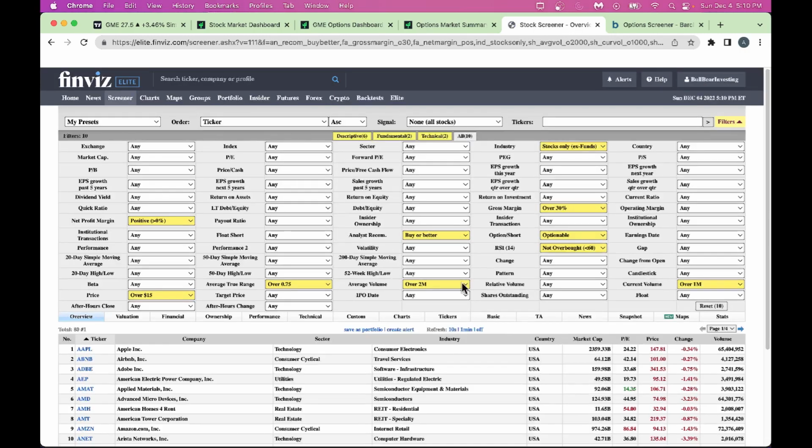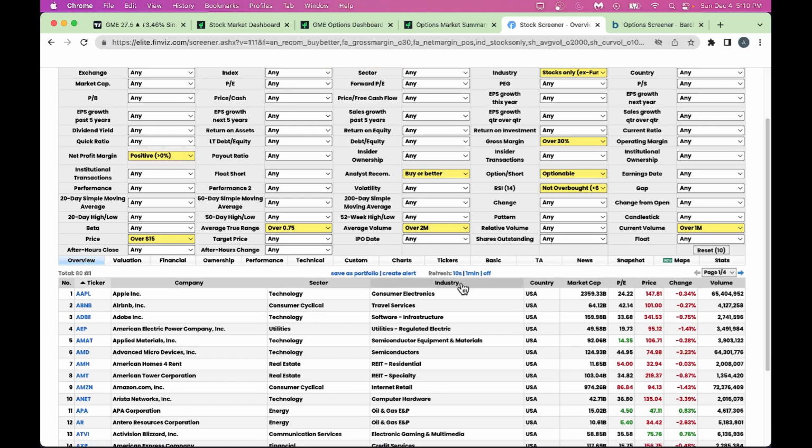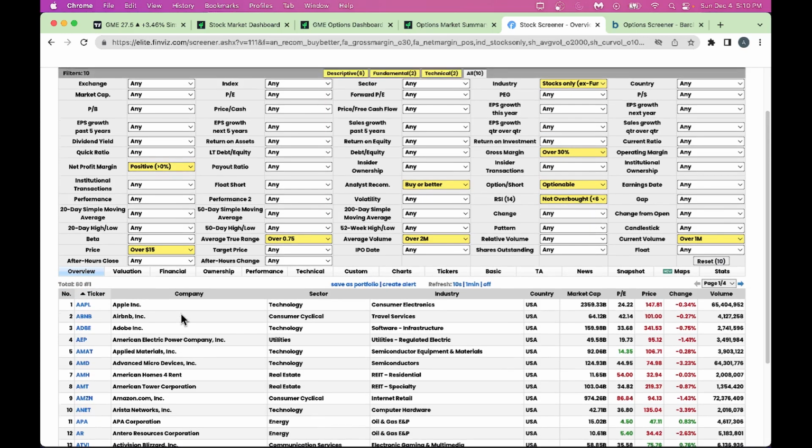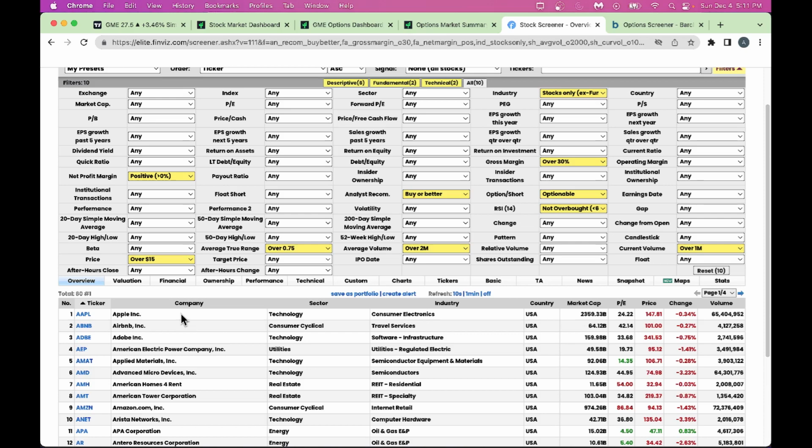Now we are going to trim down further to 80 stocks, as you can see here. These are all analyst recommended buy. And look, we got nice things here. One more thing I want to typically look at is how the institutions are. Is there institutional support for these stocks? For that, I will go right here.